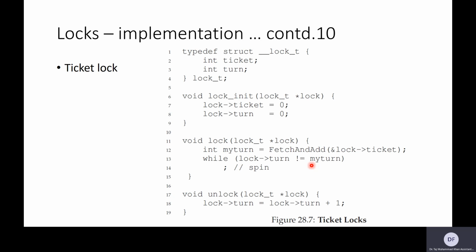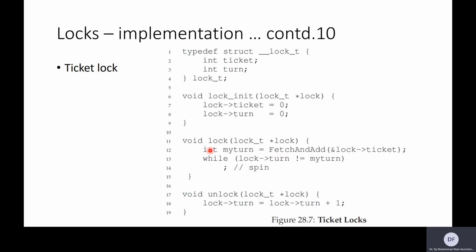So here again, if you talk about correctness, hopefully if you imagine different scenarios on a single processor or multiple processors, you will see that this implementation is correct. And for waiting, again, this implementation is using a spin lock for waiting. So performance wise, it will not be too good.